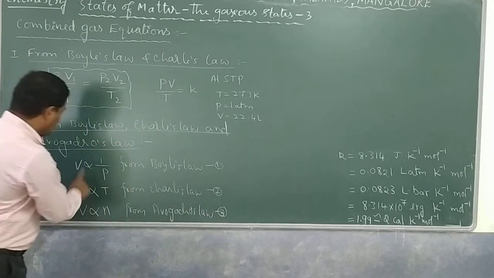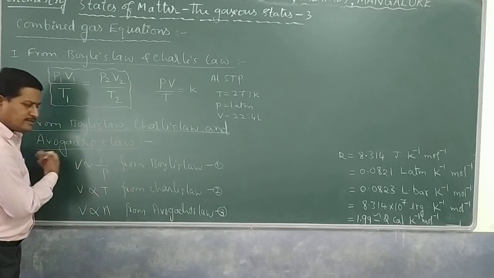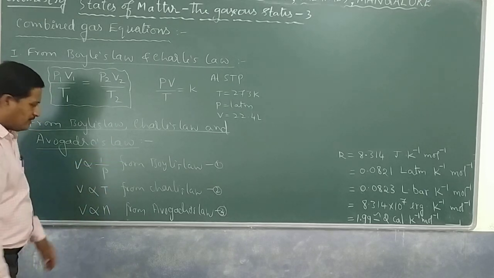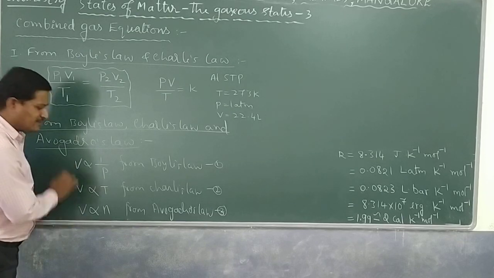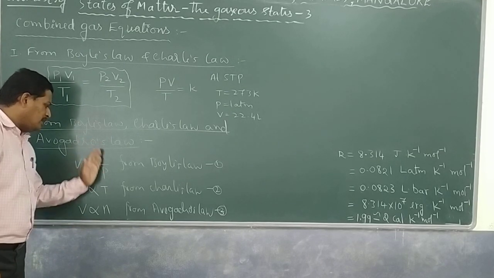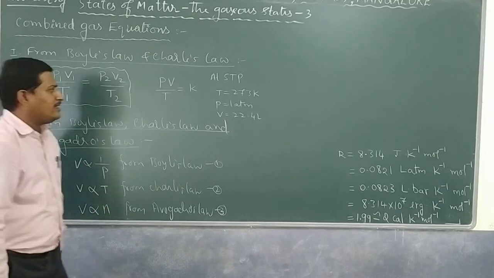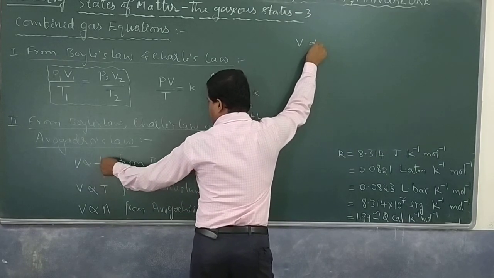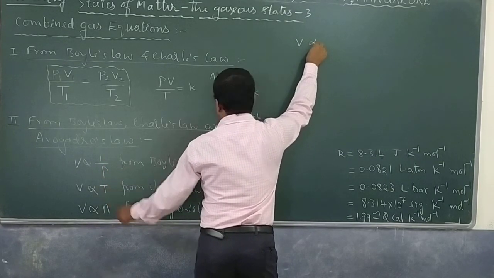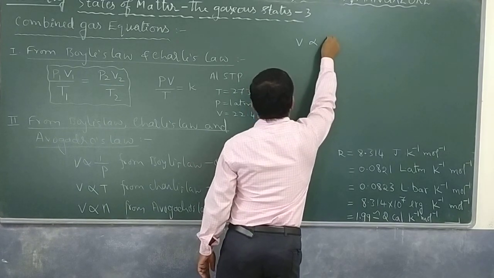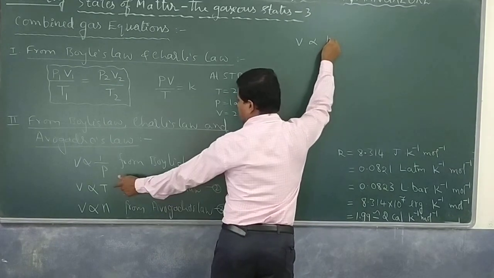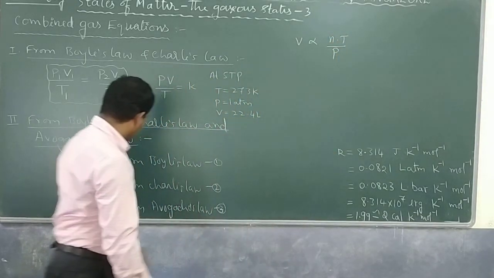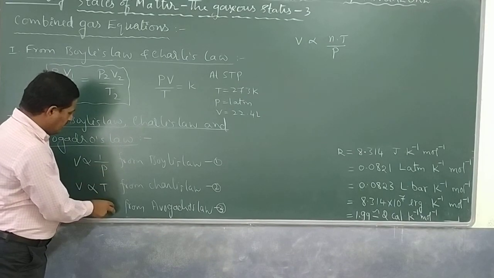If you consider all these, look, the volume on the left hand side is common, but pressure, temperature and N on the right hand side are different. Since the left hand side is common, the right hand side can also be combined. So V is directly proportional to 1 divided by P, times T, times N. P comes in the denominator, T and N come in the numerator.